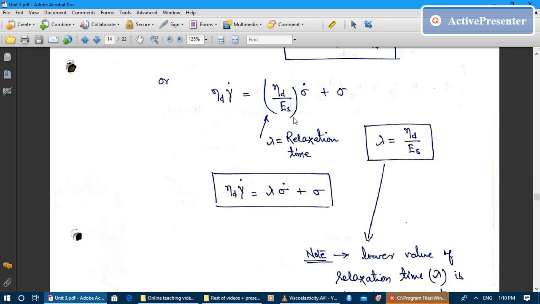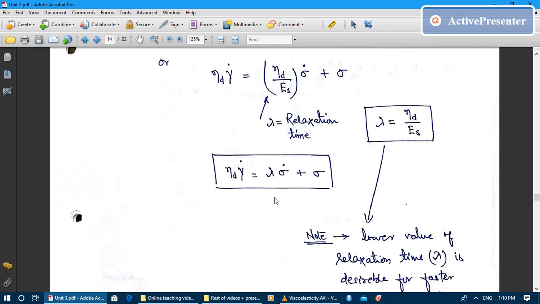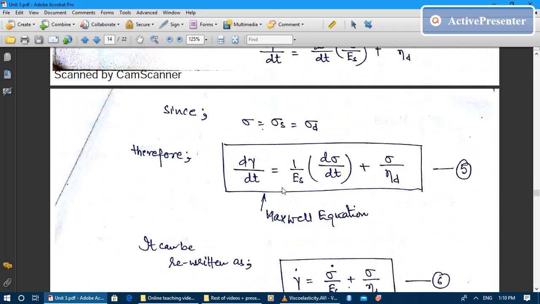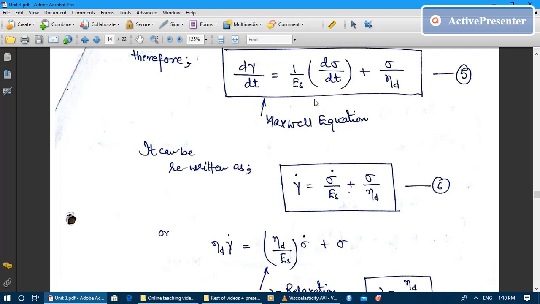In order to achieve that, the elastic component should be higher and the viscous component should be lesser. And we can write this equation like this also: eta d gamma dot equals lambda sigma dot plus sigma, where lambda is your relaxation time. So these are the 2-3 different variants of the Maxwell equation.